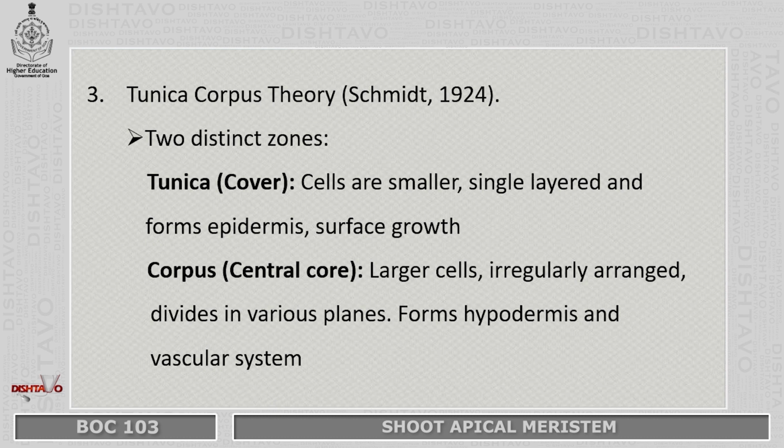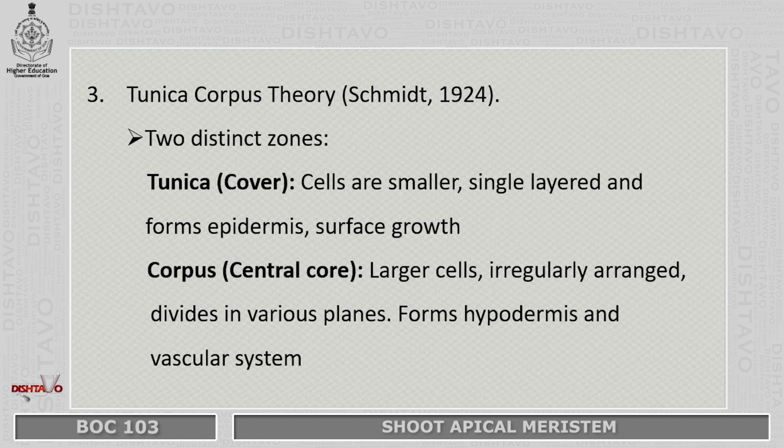Next is the tunica corpus theory, which was given by Schmidt in the year 1924. According to this theory, there are two distinct zones in the meristematic region: the tunica, which is the cover, and the corpus, which is the central core.